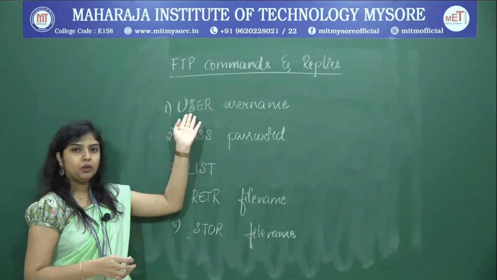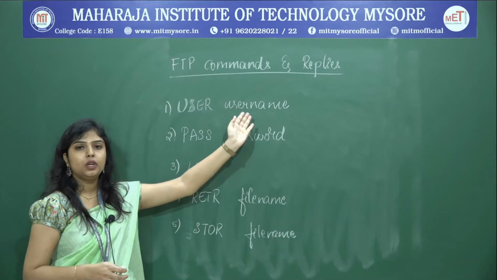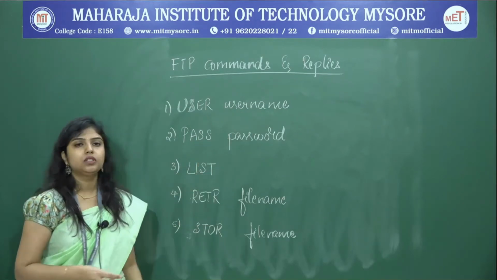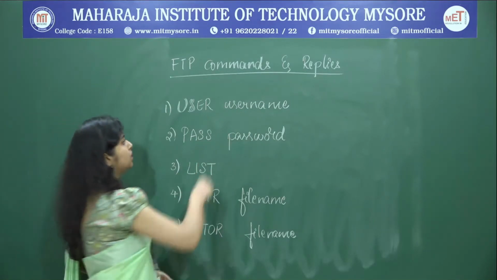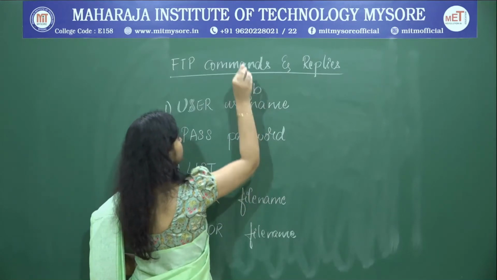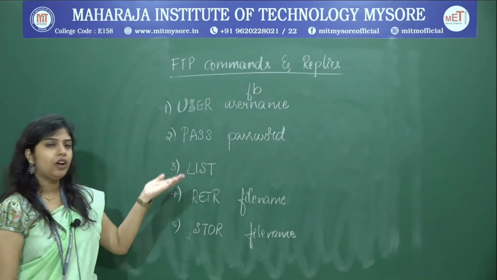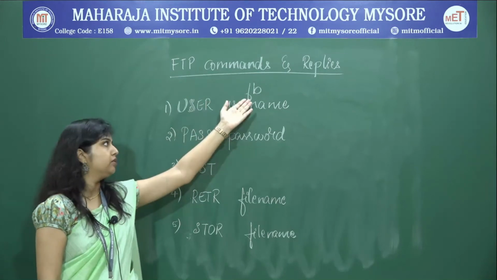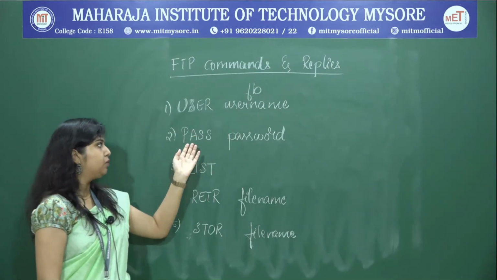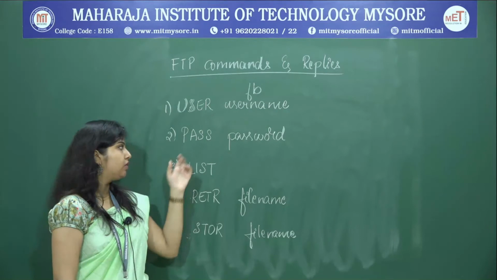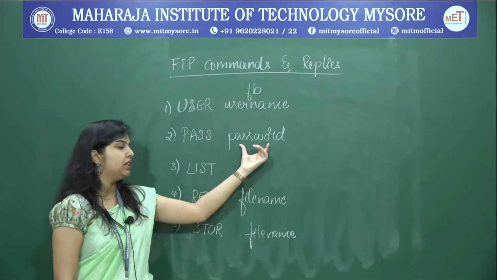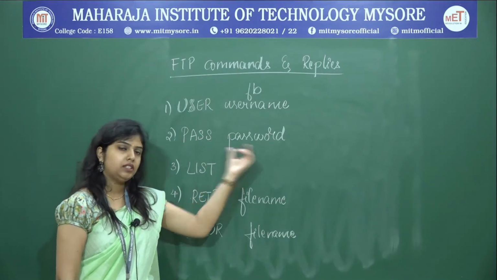We use the command USER and provide our user name. Now, suppose my username is FB, then we provide USER FB, and then we have to pass a password also. Then we type the password which we have set.